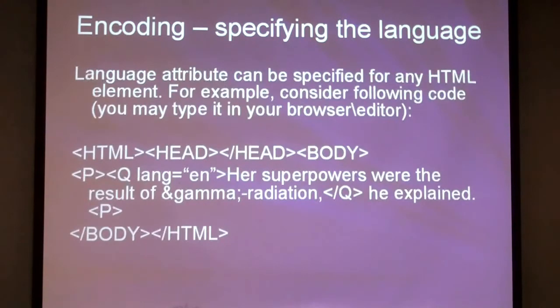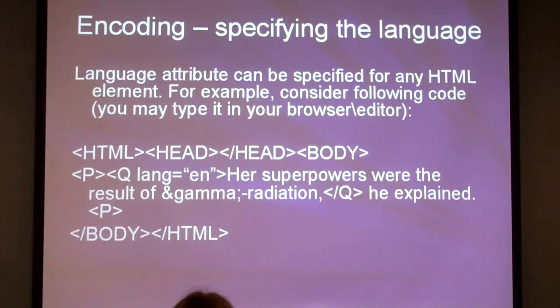Straightforward. So where do we specify the language? We can specify language as an attribute to the element. In this case, we're saying Q, which is a quotation, and then say the language is English, and then this text, all the way until the closing Q, will be regarded as English, and then the rest will go to the default one, which might be French.